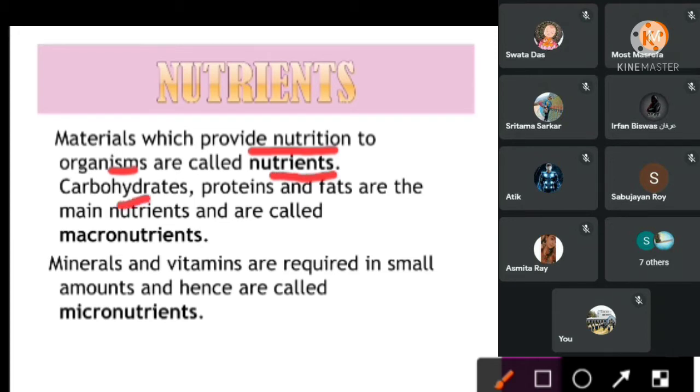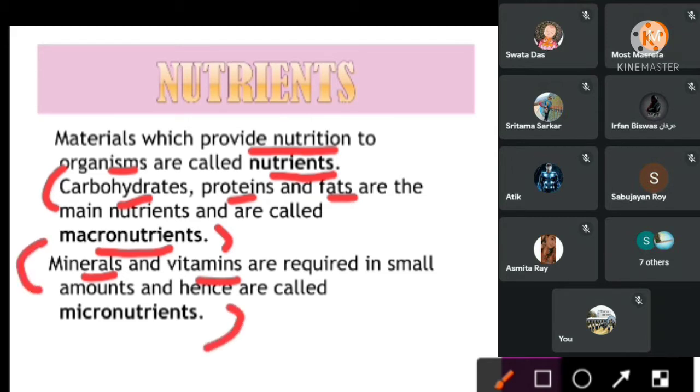Carbohydrates, proteins and fats are the main nutrients and they are called macronutrients. Minerals and vitamins are required in small amounts and hence are called micronutrients.